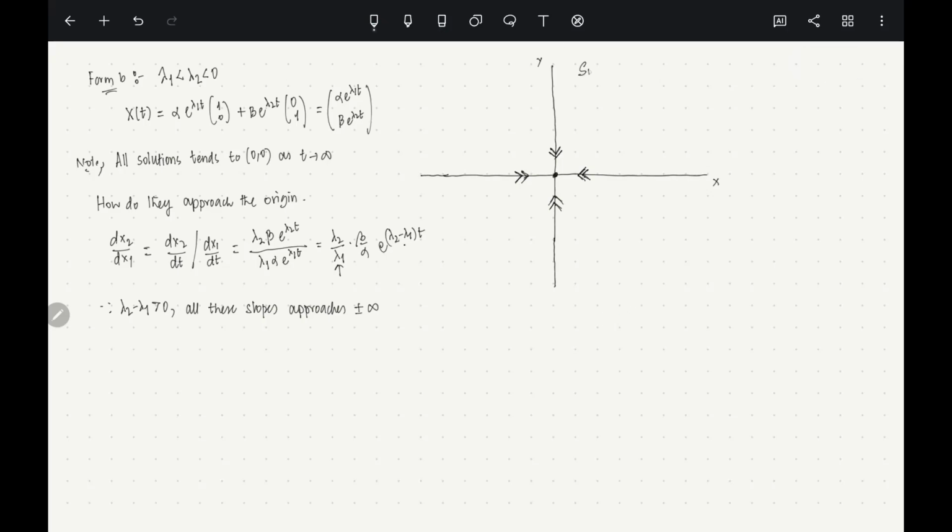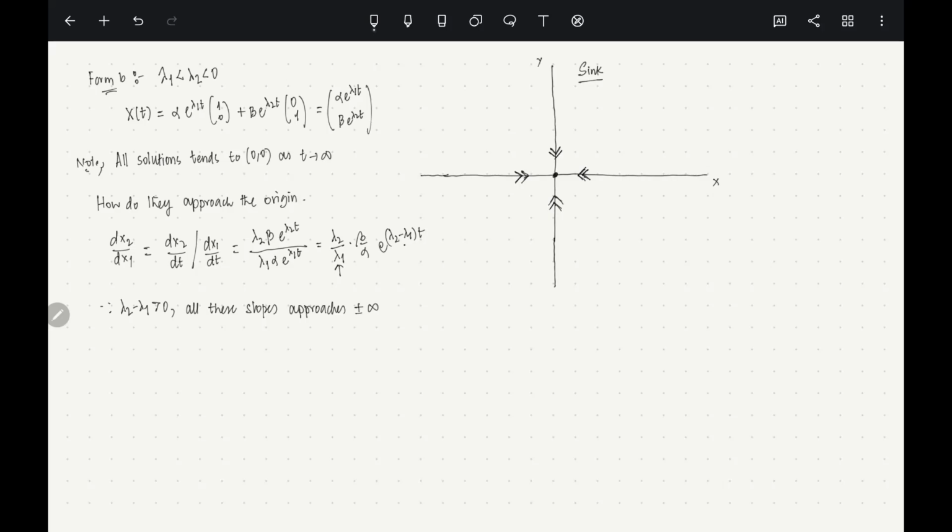So this is a sink. Let me write it this way. Approaches plus minus infinity. Now the thing is this: how is it approaching? Again, we understand that it is approaching plus minus infinity, but how is it doing that?